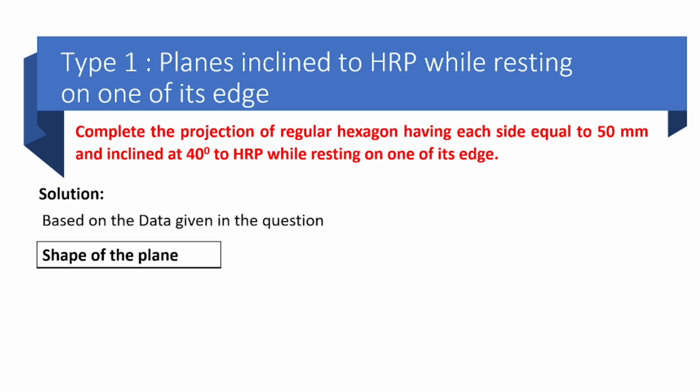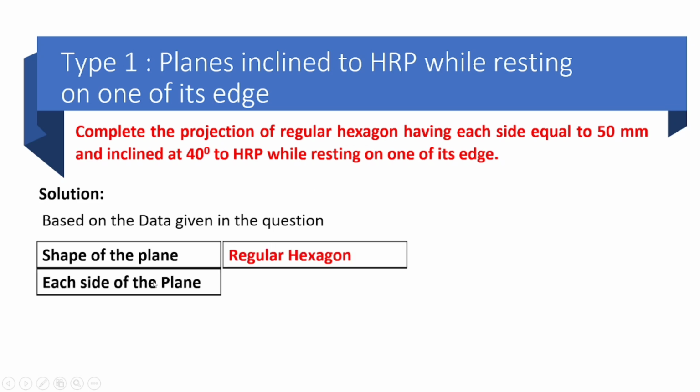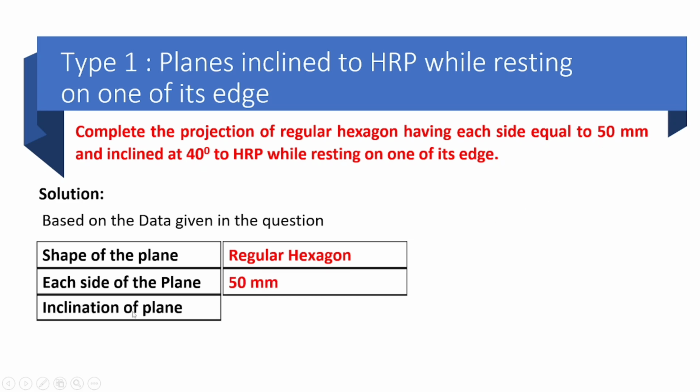First, what is the shape of a plane? Here you will find the shape of a plane is a regular hexagon. The second point we have to obtain is what is the dimension of a plane. Here you will find each side of the plane is given as 50 mm. Then we have to identify the inclination of the plane.